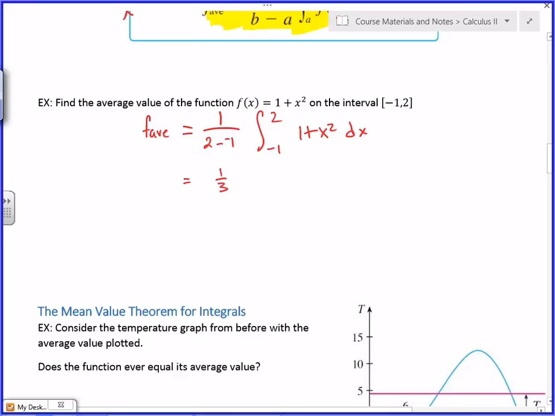So 1/3 times x plus 1/3 x cubed from -1 to 2.